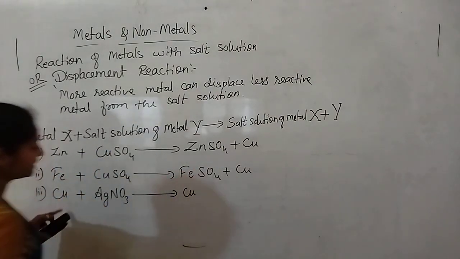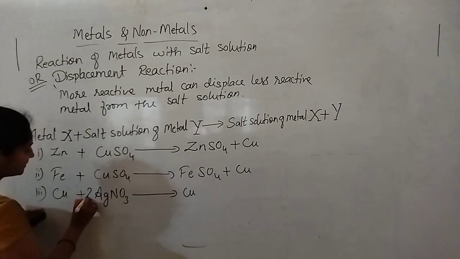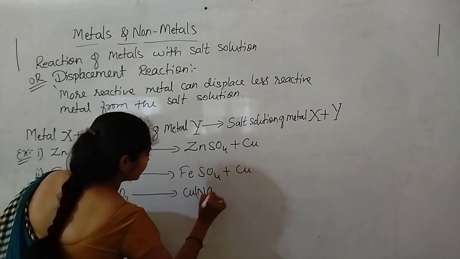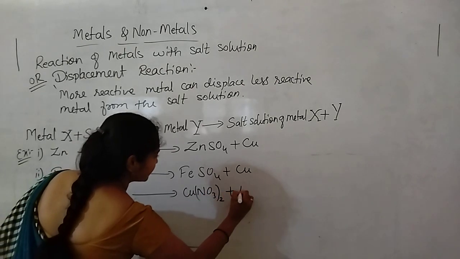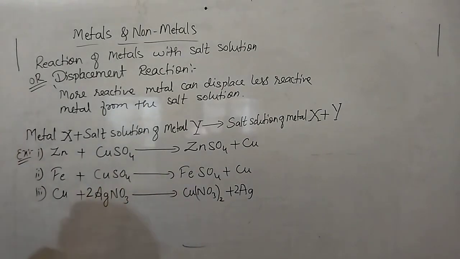So how are we going to write? Copper nitrate, Cu(NO3)2. To balance that equation, we take 2 AgNO3 plus Cu, giving Cu(NO3)2 twice plus 2Ag. This is a displacement reaction.